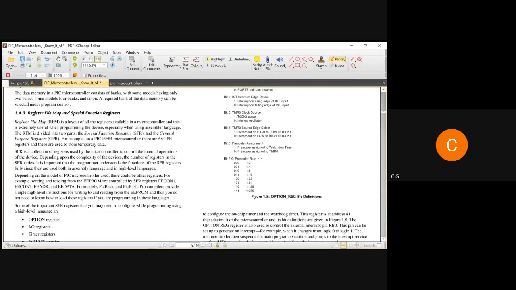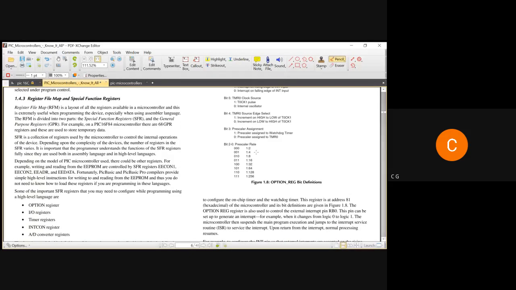What happens to the prescaler when you assign the prescaler? In certain programs where you want to access data from the outside world, the watchdog timer has to be reset continuously in order to disable its operation of resetting the CPU.